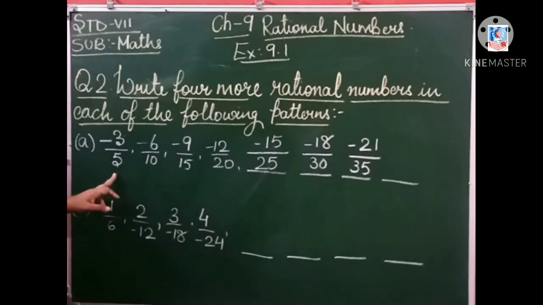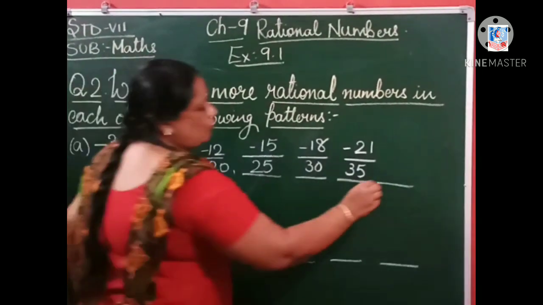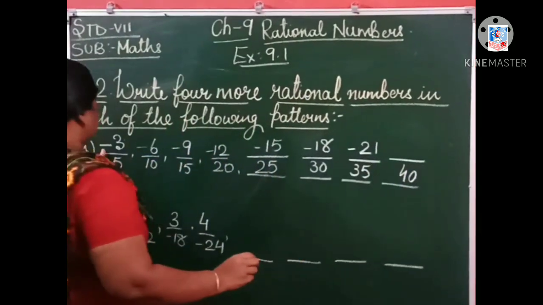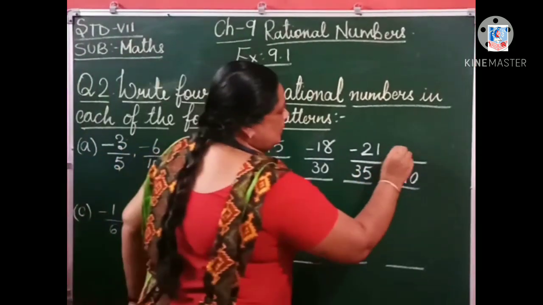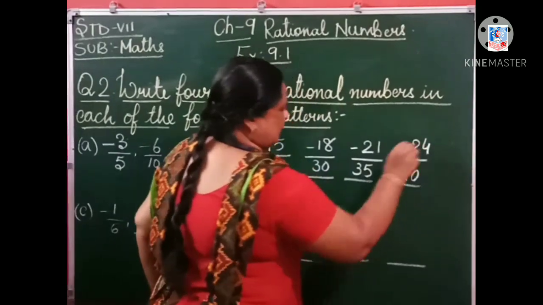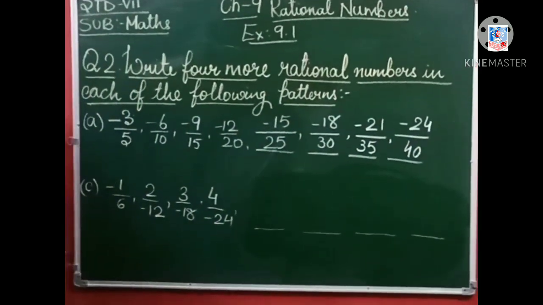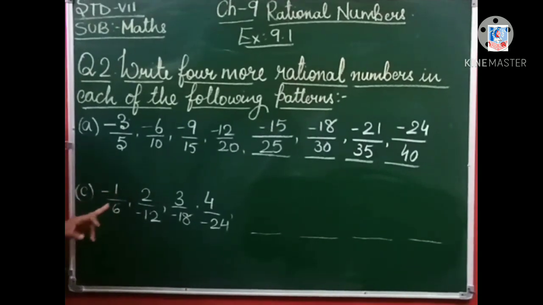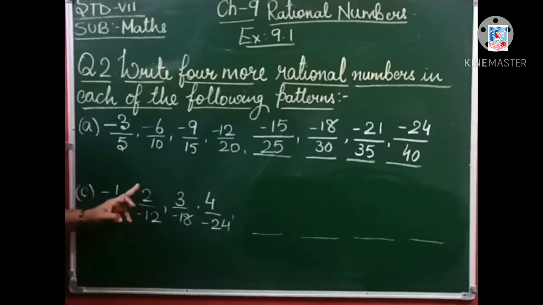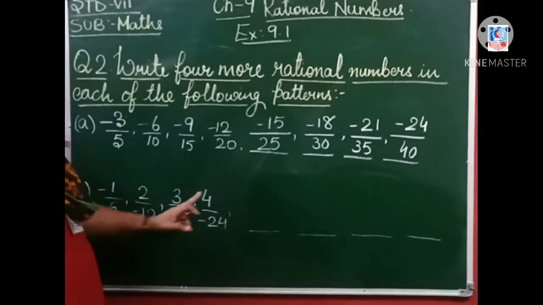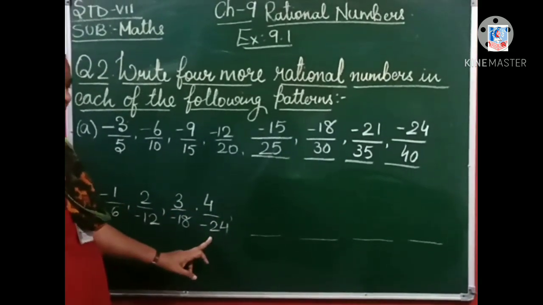Next, 5 8s are 40 and minus 3 into 8 minus 24. This is the pattern. Okay. Second: minus 1 by 6, 2 by minus 12, 3 by minus 18, 4 by minus 24.